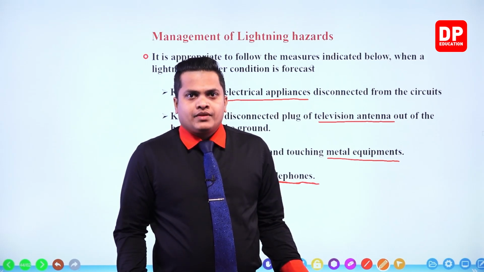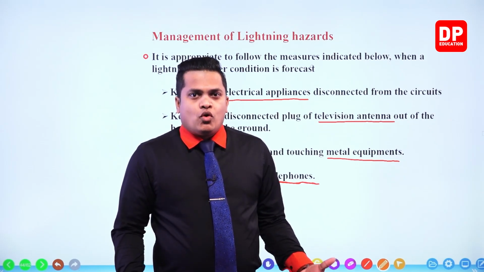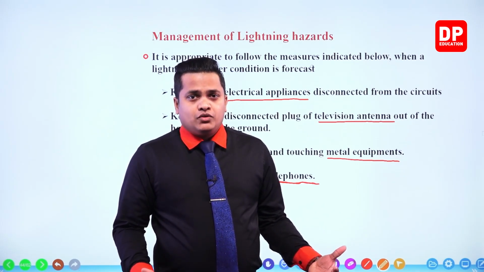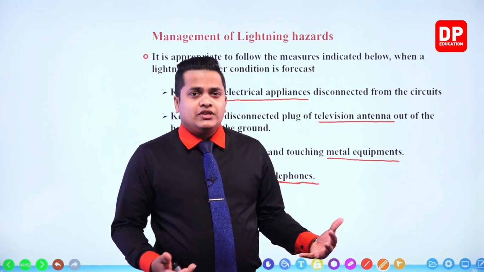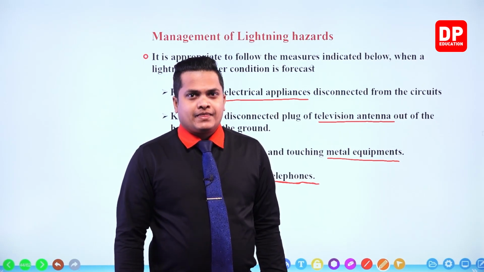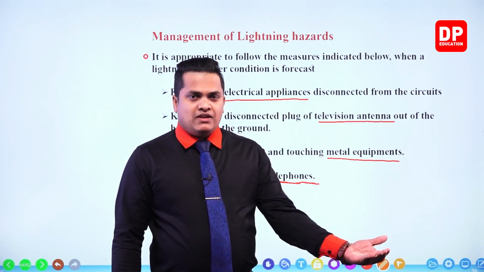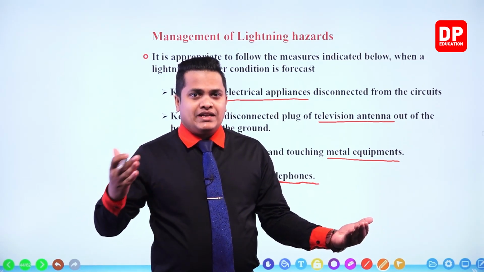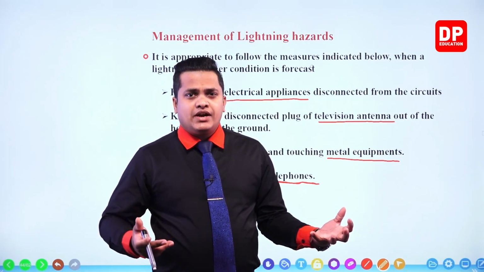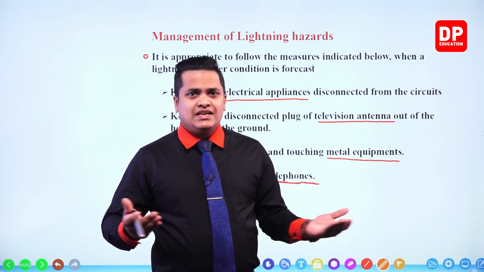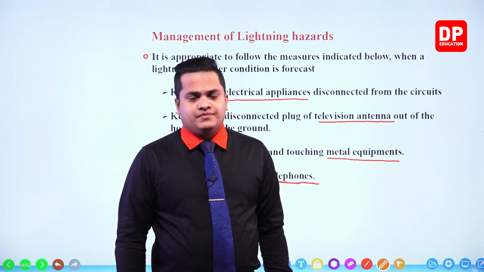You won't get electrocuted or get a lightning stroke when you are using mobile phones. Using a mobile phone and getting struck by lightning are two different scenarios. There's no link between these two incidents.